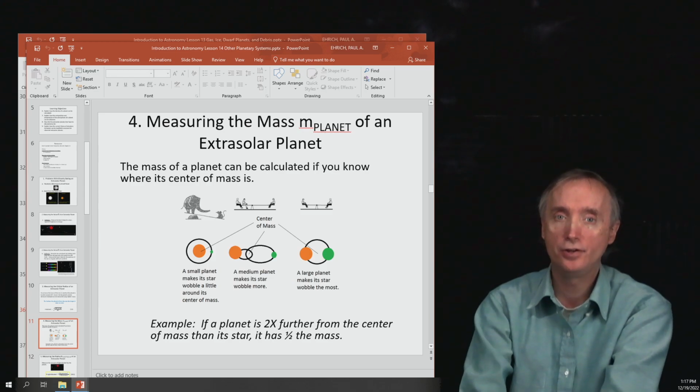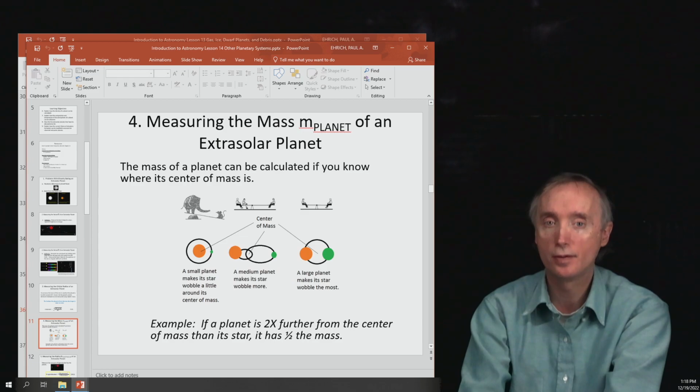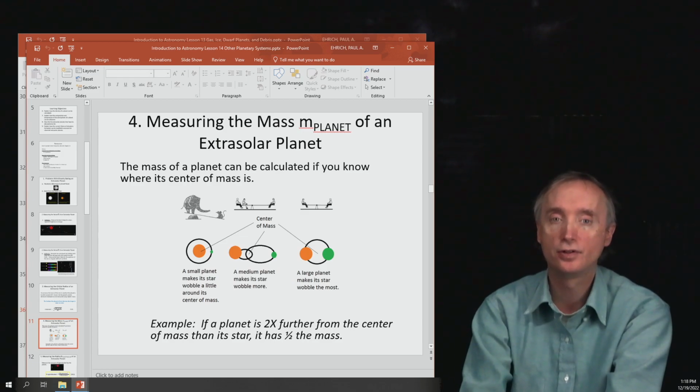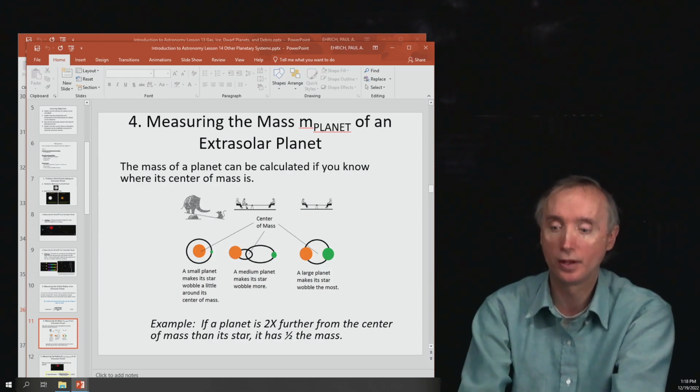And then, how do you figure out the mass of the planet? Just remember center of mass. You don't need to know actually how to calculate it. Just know that you use the center of mass in order to figure out the mass of the planet.